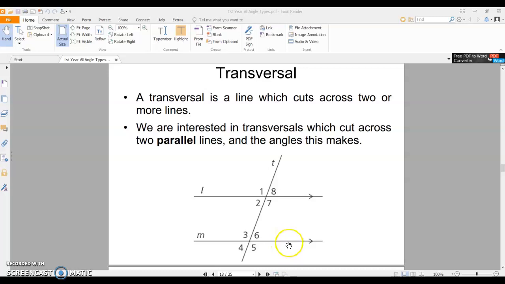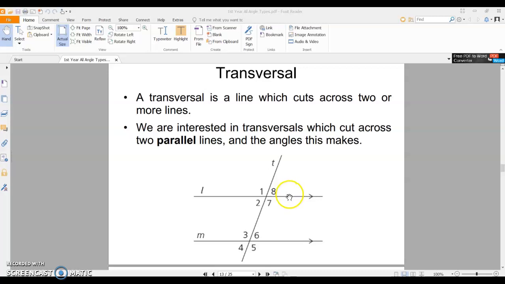More specifically, I am interested in transversals which cut across two parallel lines. So L and M there are parallel. That's what those two arrows mean on the lines. Okay, and if you look, when you have a transversal cutting across two parallel lines, you have 8 angles created by that, and it's quite rich with relationships.